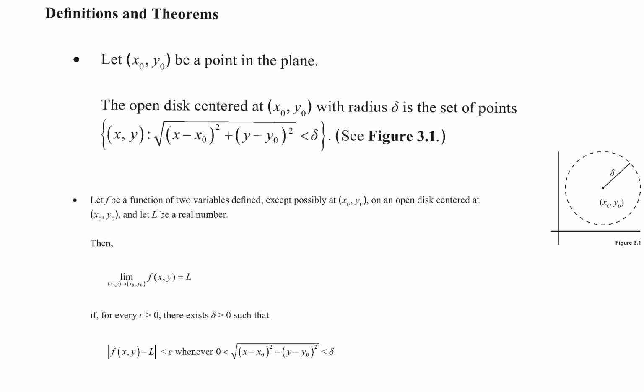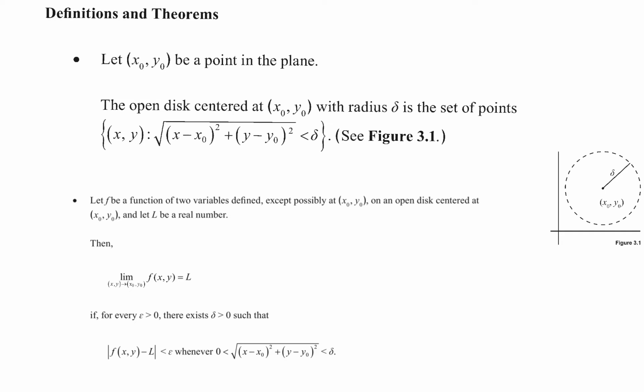What do we mean by the limit when the point xy tends to x0, y0? When the point xy is approaching the point x0, y0, what happens with the function f of x, y?